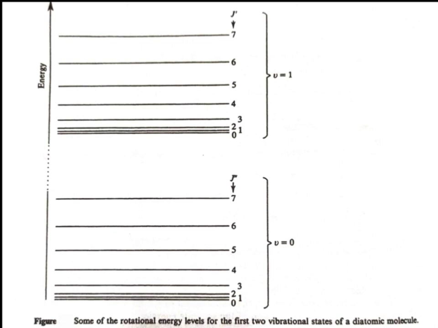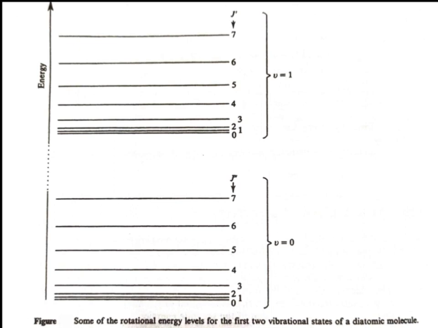So, see here some of the rotational energy levels for the two vibrational states of a diatomic molecule. As we know, the electronic energy levels are much larger, in between them the vibrational energy levels are placed, and again inside the vibrational energy levels there are a number of rotational energy levels. So, see here V is equal to 0, this is the vibrational ground state, and here V is equal to 1, that is the vibrational first excited state, and small v is the vibrational quantum number.